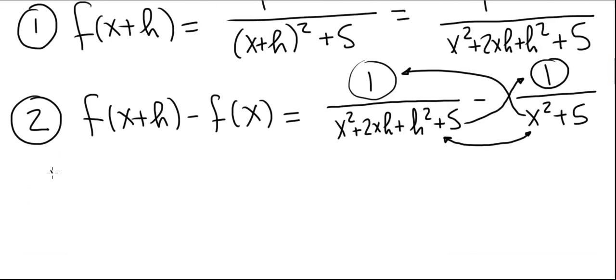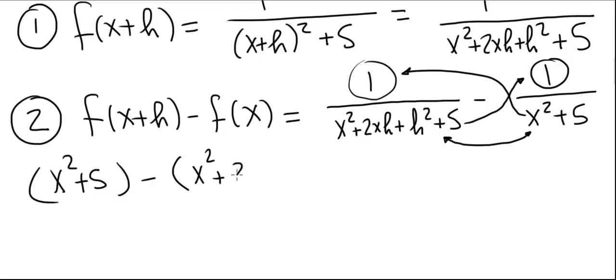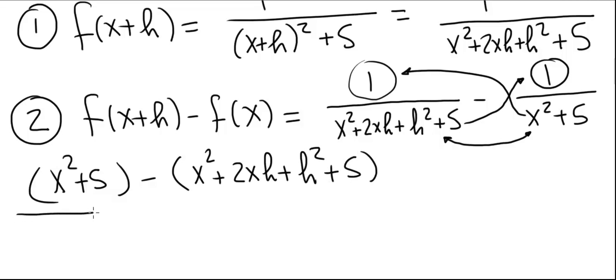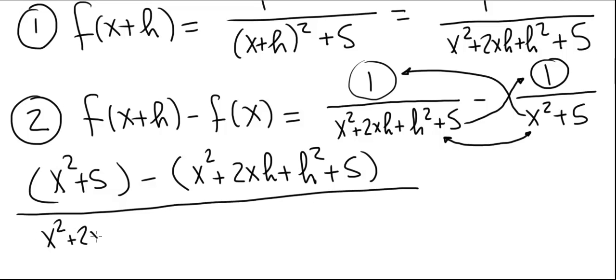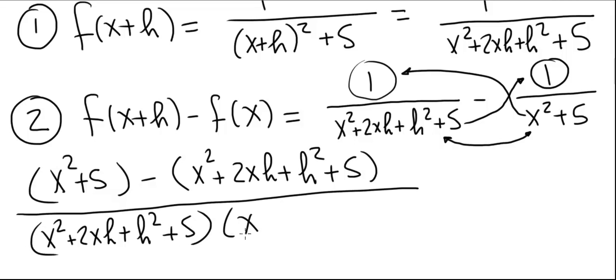We get x squared plus 5 minus, you want to make sure you keep everything in parentheses, x squared plus 2xh plus h squared plus 5, and then the denominator is the product, x squared plus 2xh plus h squared plus 5 times x squared plus 5.